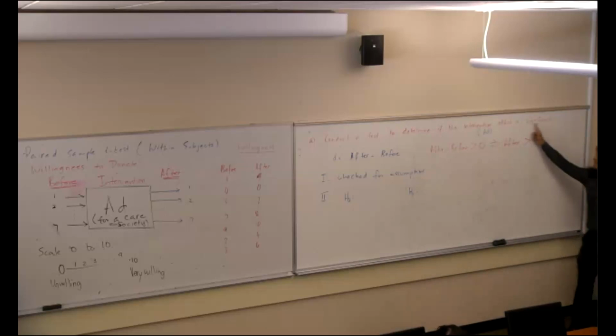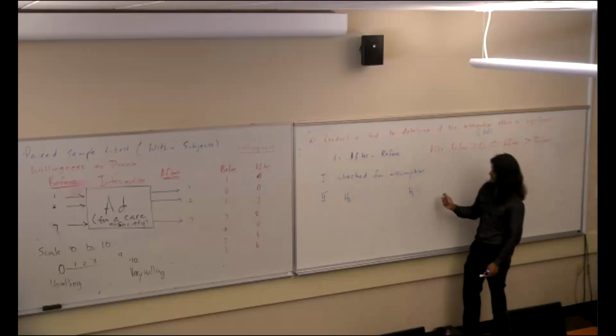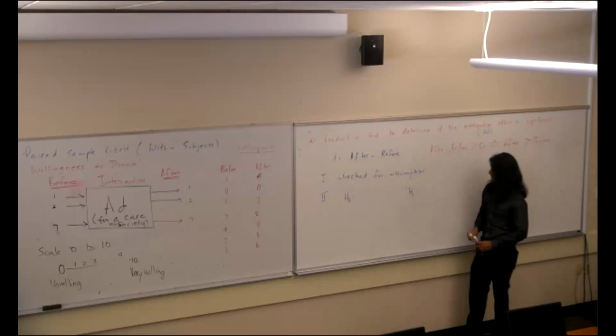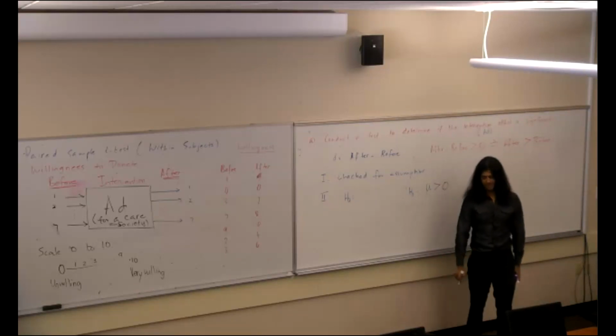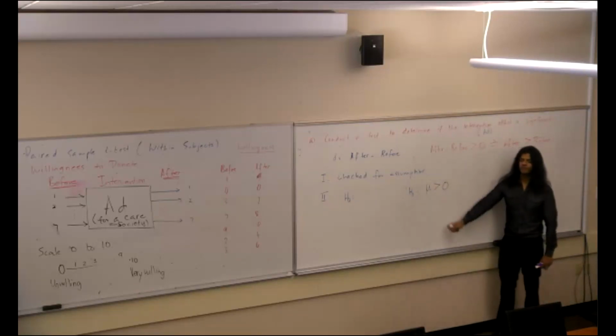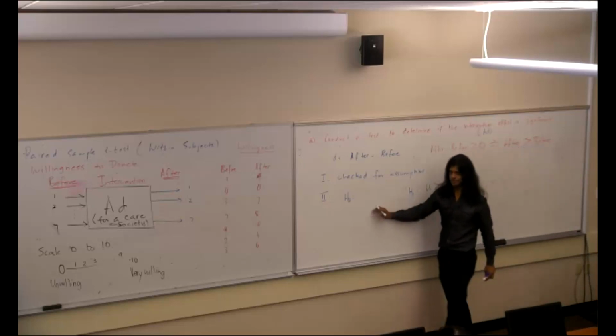So if I want to test whether after is bigger than before, this should be my setup. And over here, the average difference must be greater than 0. Good. If the alternative is greater than 0, what is the null?